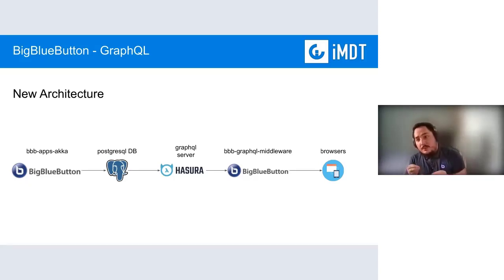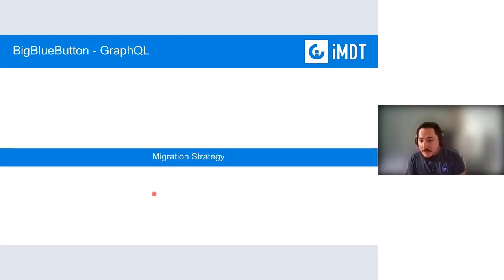And with the GraphQL protocol, we can limit the information sent and used by the client side. That's it about the new architecture.